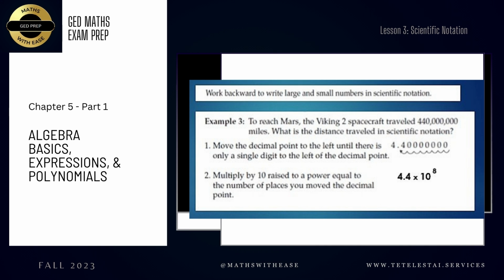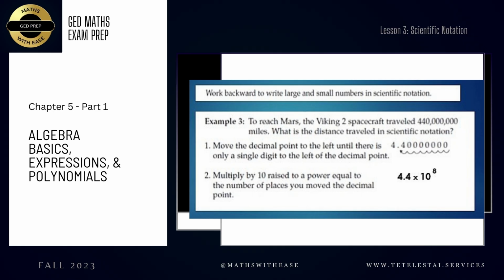Before I answer that, anytime you see a whole number, always know that there's an imaginary decimal point with zeros after it continuing into infinity. Okay, so there's an imaginary decimal point here after this 440 million.